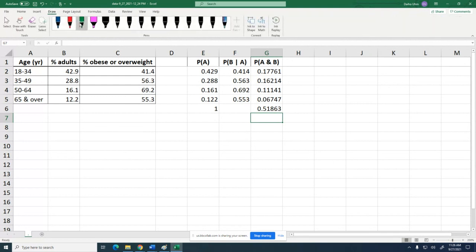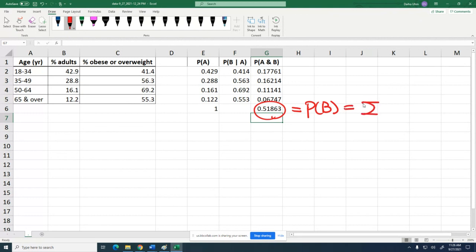But it must be what? It must be just the probability of B by the rule of the total probability. Do you remember the rule of the total probability?